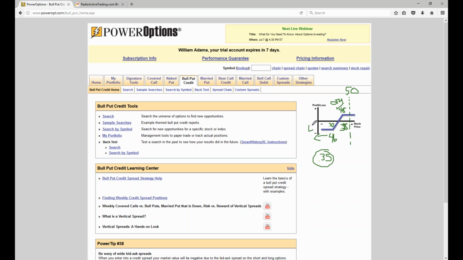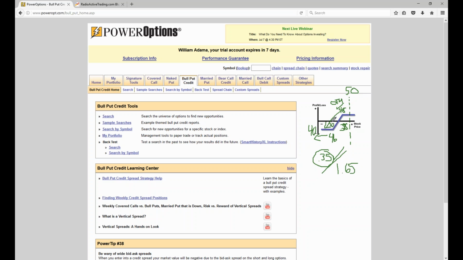So even if the stock dropped down to 40, I can't lose more than this $2 between the strike prices. And regardless, I keep the 35 cent net credit.